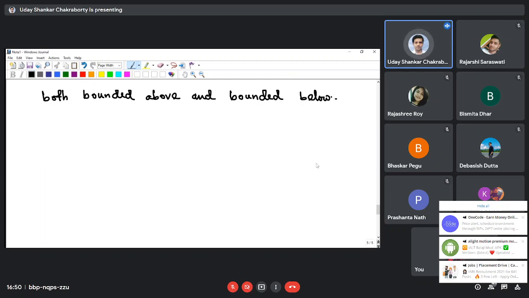So if a set is both bounded above and below, then it is said to be bounded.